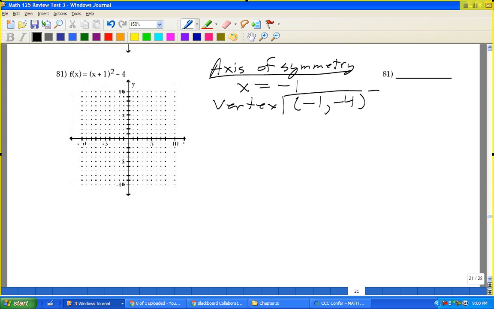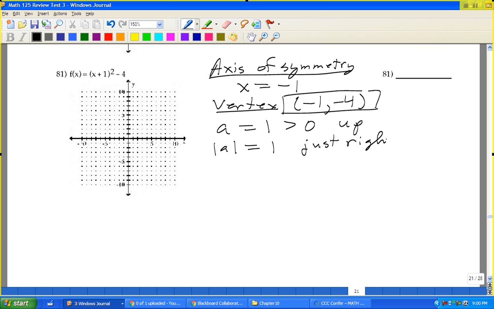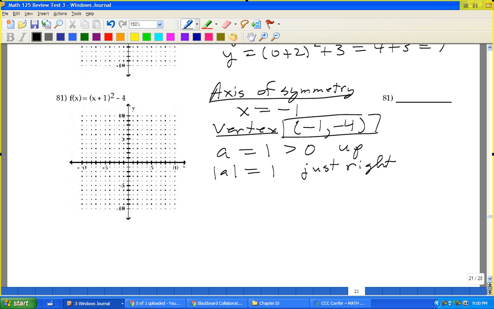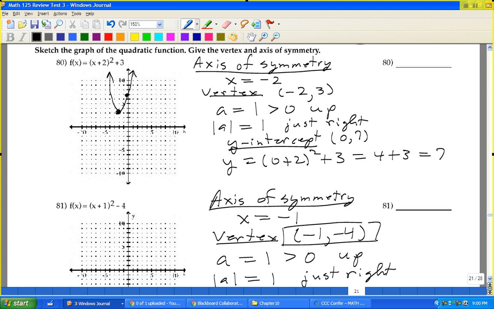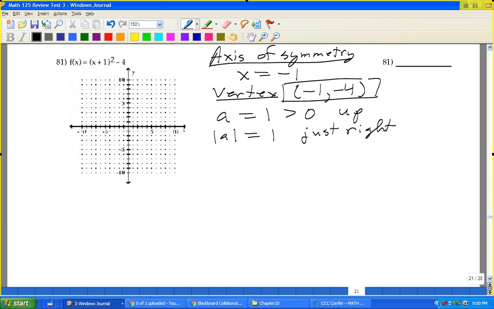So that's my vertex. Now, a, the number in front of the square term, is 1, and so it's going to be pointing up, and again, its absolute value is 1, and so it has the same shape as the graph of y equal x squared. So it's going to look like the same graph that we just did. So it should look identical to this graph, but it's just slightly translated. And so let's find the y-intercept.